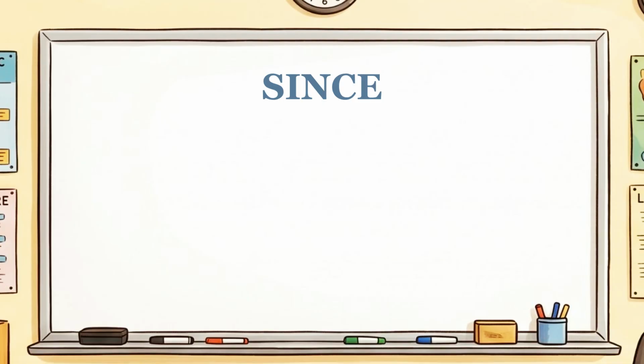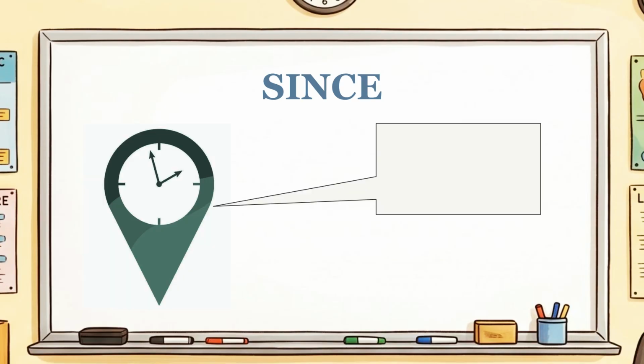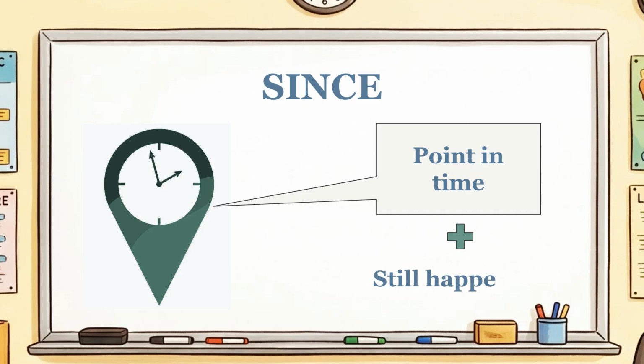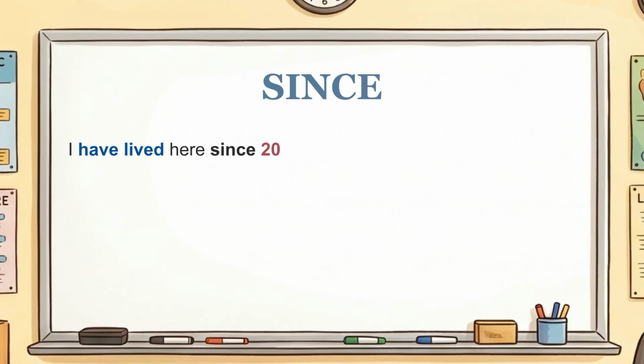Now since. And this one has an important restriction that for doesn't have. Since is followed by a specific moment, the point in time when something started. And crucially, that thing is still happening now. I have lived here since 2022.